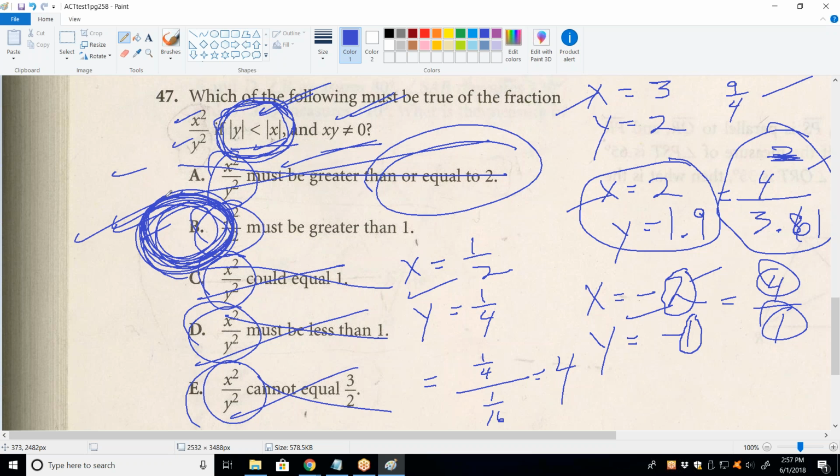I answer B, I go on, but understand that even doing that the most efficient way took at least 2 minutes, maybe 3 minutes. So you have to decide. Remember, every single problem is worth 1 point. 47 is not worth any more than number 2.